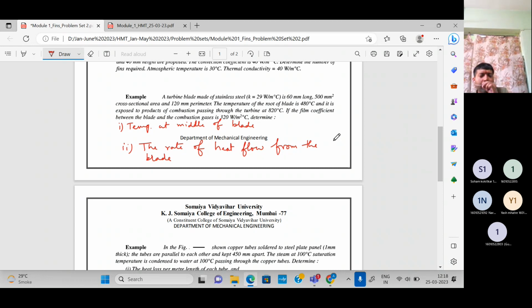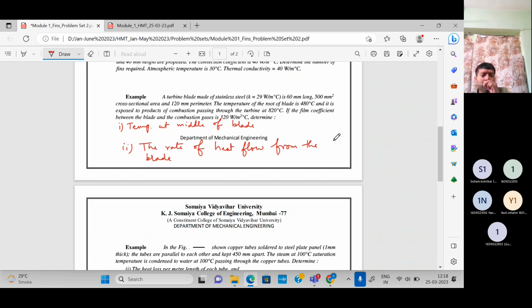You have to assume the most suitable case, clearly mention your assumption, and then solve the problem. But mostly the case will be clearly given in the problem itself, and you have to take that case and solve the problem, then only you will get the marks.